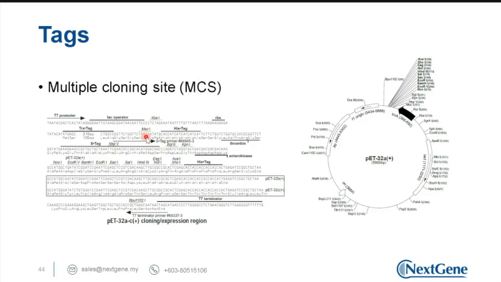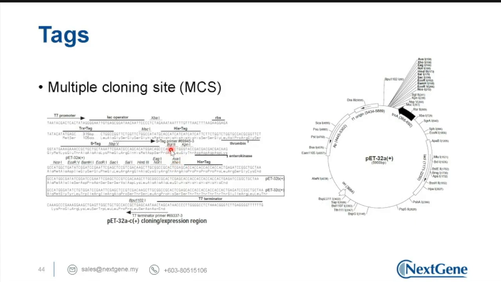So after choosing the first RE site to decide the 5' end of our sequence, we also need to choose another RE site for our 3' end. Let's say if you are choosing NcoI, and then we choose, let's say, XhoI for our 3' end.